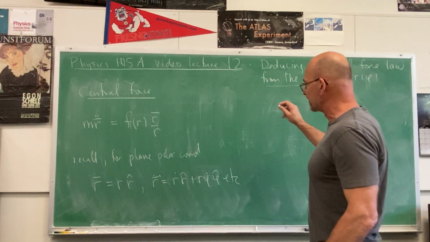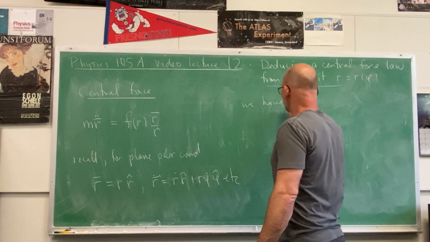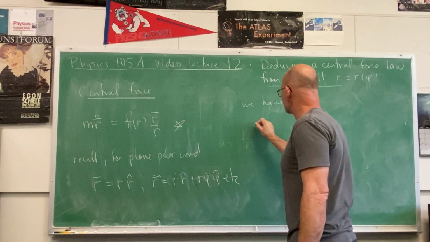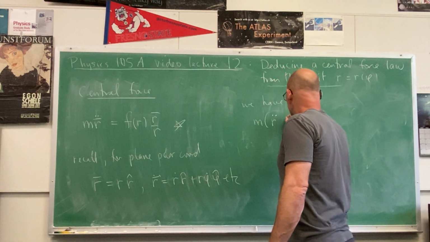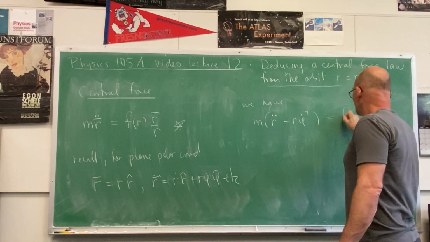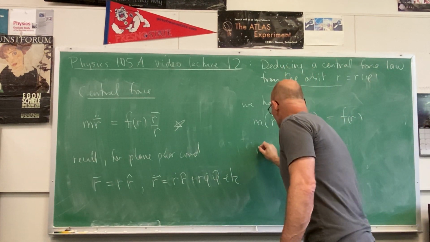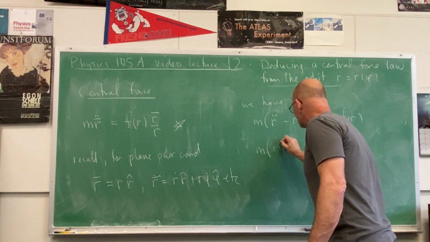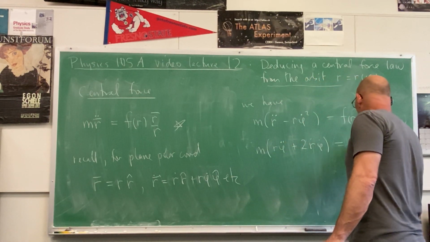But what we end up with is, for the acceleration, that is to say, for this equation here, we have m times (r double dot minus r phi dot squared) equals f of r, and the other component gives us r phi double dot plus 2 r dot phi dot equals 0.